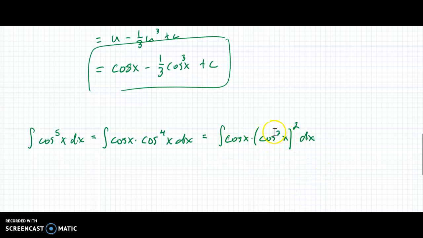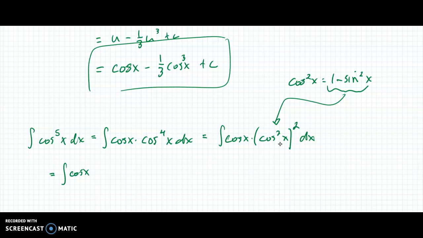Sine squared plus cosine squared is 1, so cosine squared x is equal to 1 minus sine squared x. This right here is going to replace that. So I'm going to get the integral of cosine x times 1 minus sine squared x, and be careful not to lose that other power right there, dx.